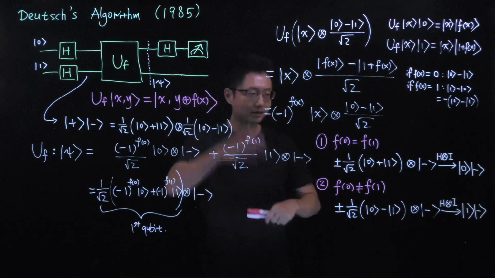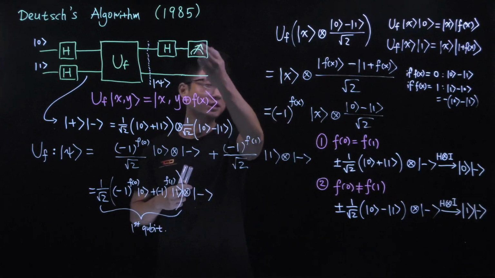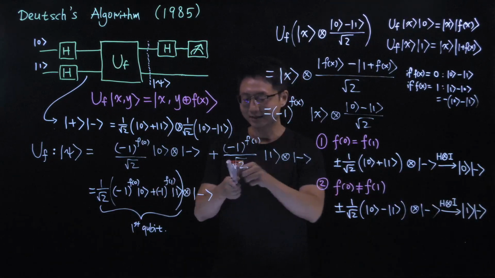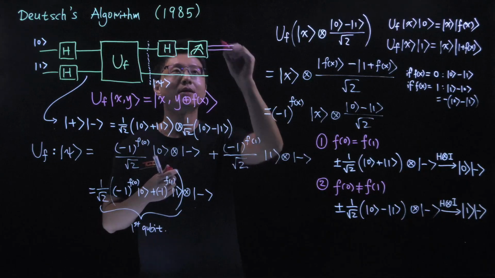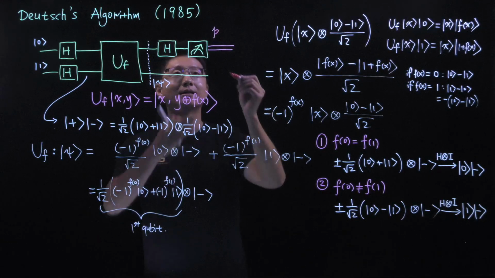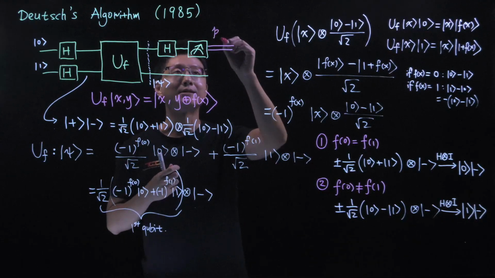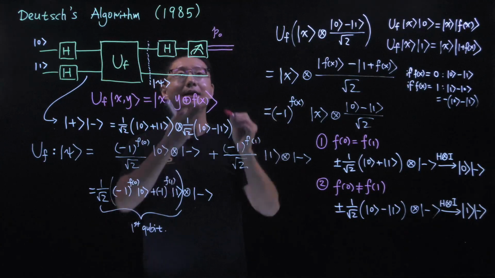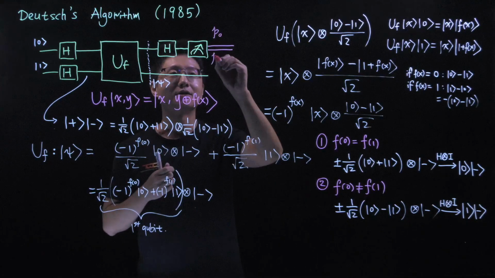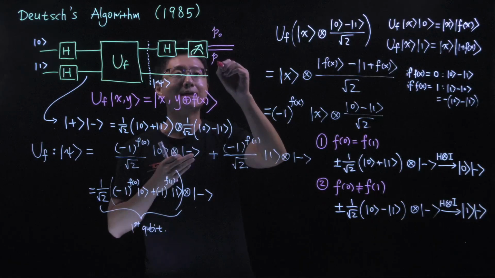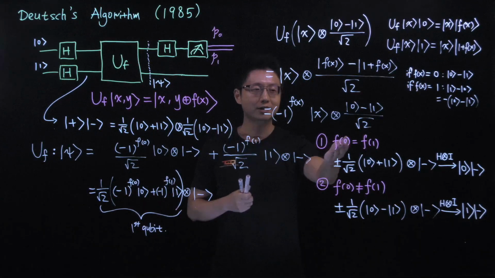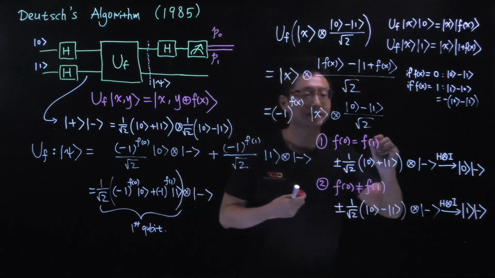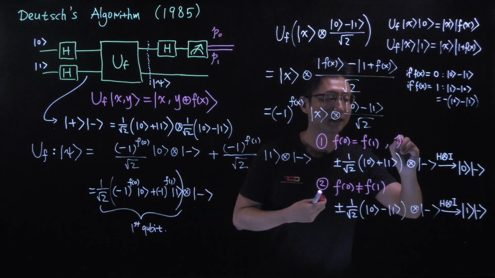So, a measurement in a computational basis on the first qubit: let me denote the probability that the detector corresponding to the 0 state will click as P0, and the probability that corresponds to the 1 state will click as P1. In the first case, where the function is constant, we will see that P0 is equal to 1.